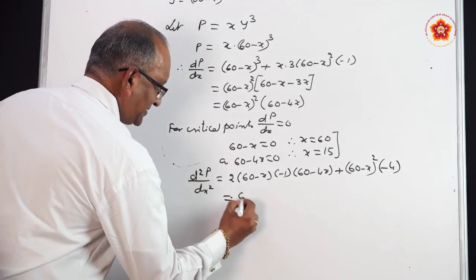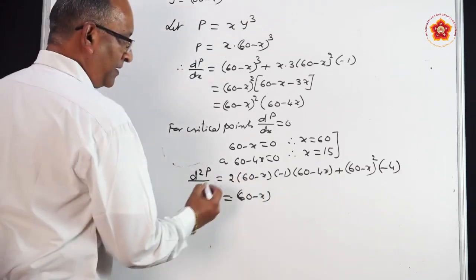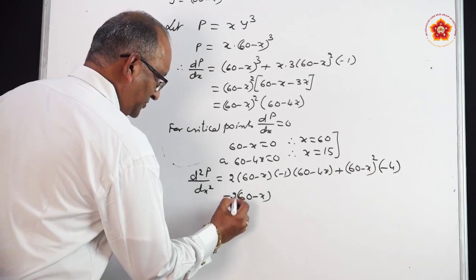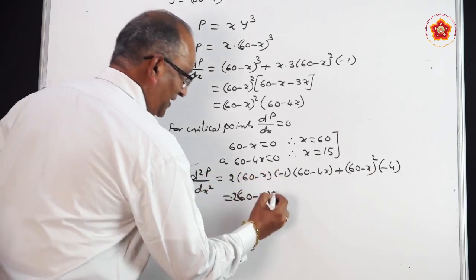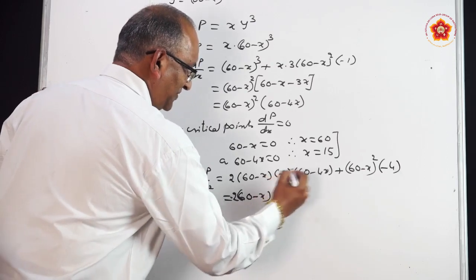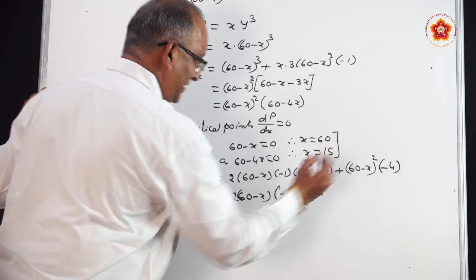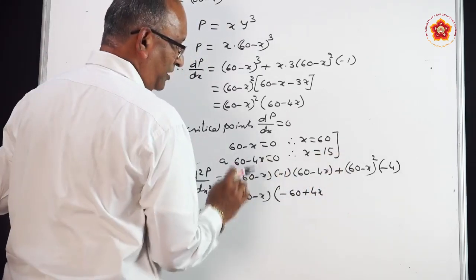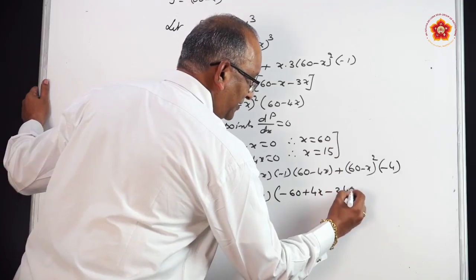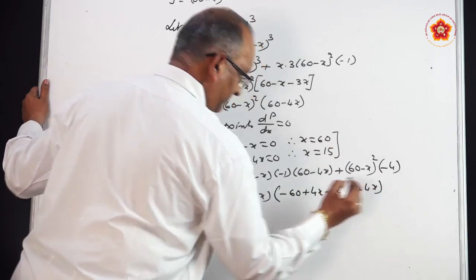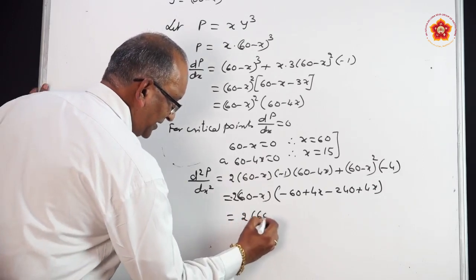Take 60 minus x common. In fact, 2 into 60 minus x can be taken common, and what will be left? It will be left with this minus 60 plus 4x, and here if you take out 60 minus x common, you are going to be left with minus 240 plus 4x. So, it is 2 into 60 minus x.